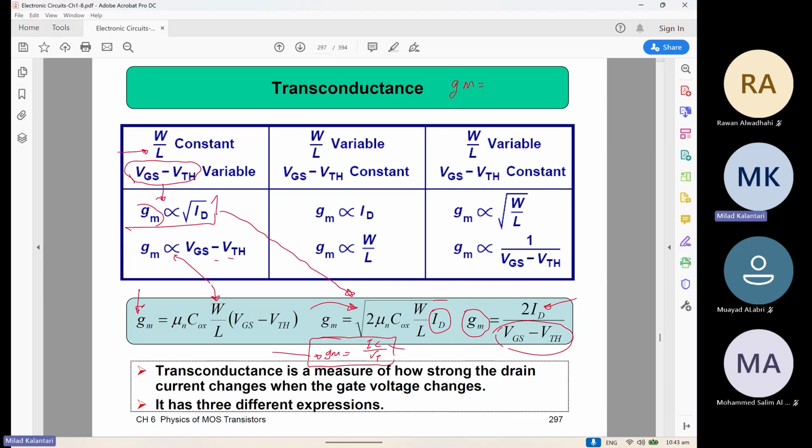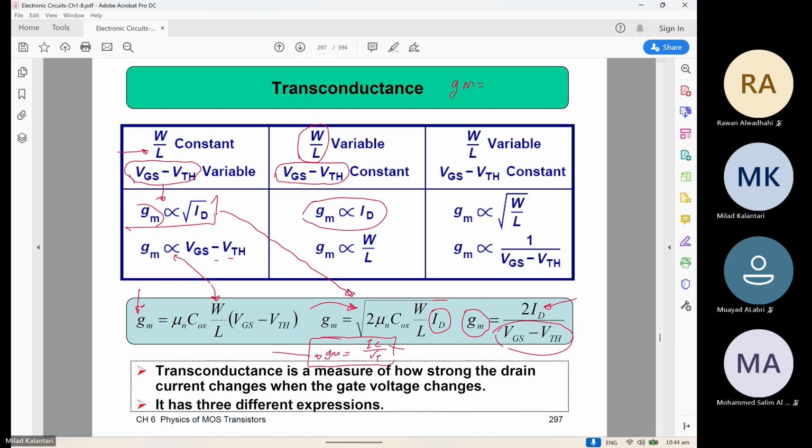On the other hand, if we assume that this W over L is under our control, we can change the size of the device, but we want to keep this VGS minus V threshold constant. Then we will come up with this.